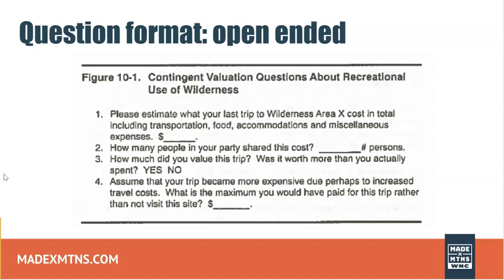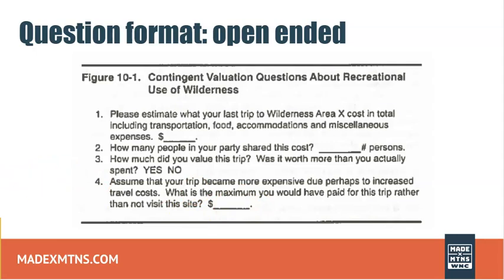Was it worth more than you actually spent? This question can be asked, or it doesn't have to be asked. But question number 4 is the willingness to pay question. So assume that your trip became more expensive, due perhaps to increased travel cost. What is the maximum you would have paid for this trip rather than not visit this site? And so there's a blank and people can fill in that blank.